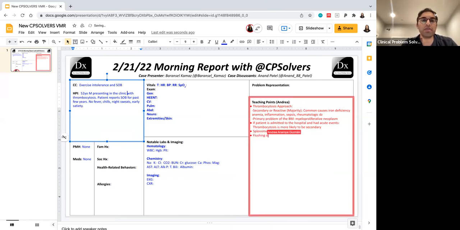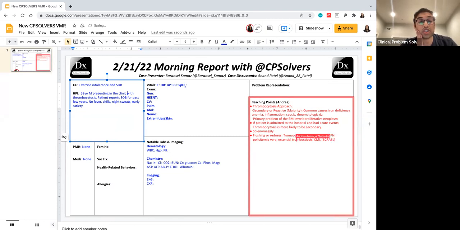These can be clues or tip-offs to this thrombocytosis being related to a family of diseases called myeloproliferative neoplasms, or MPNs for short. The three most common types of MPNs are polycythemia vera, essential thrombocytosis, or ET, and primary myelofibrosis, or PMF. Another MPN that can cause thrombocytosis is CML, or chronic myeloid leukemia, which is typified by the presence of a fusion protein called BCR-ABL. So on exam, those would be the things I'd be really interested in.